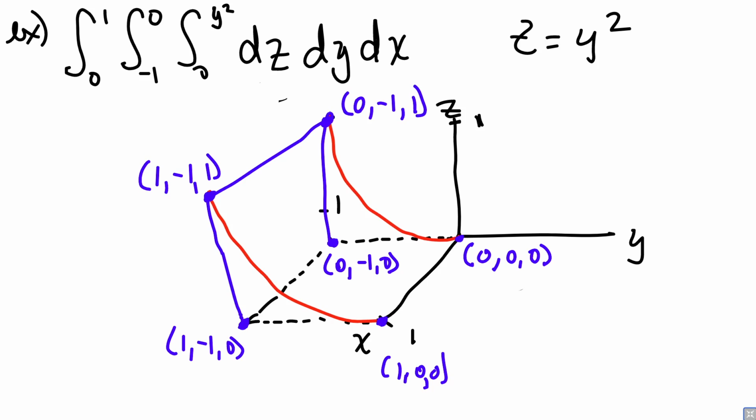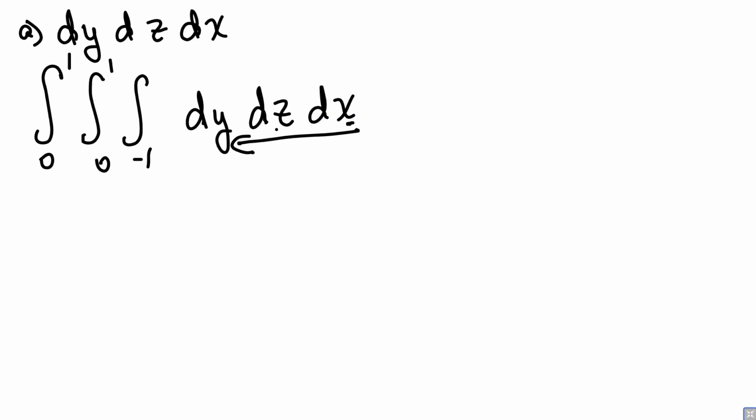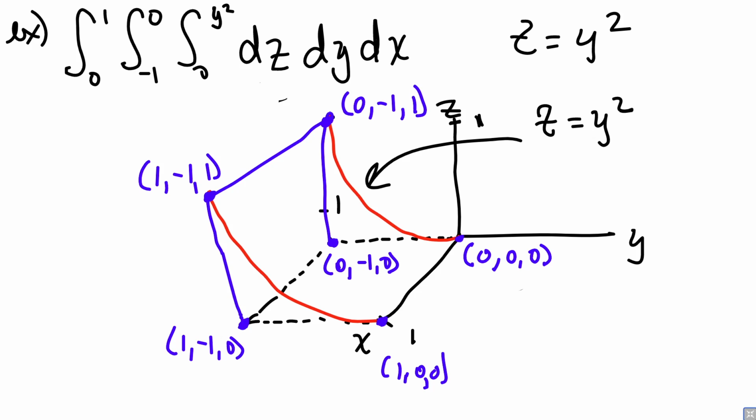Okay, now our highest y value actually is going to occur along this curve. Well, this curve is defined as z equals y squared. But keep in mind that once I integrate with respect to y, my next level is z. So I need things written in terms of z. So how can I write this in terms of z?